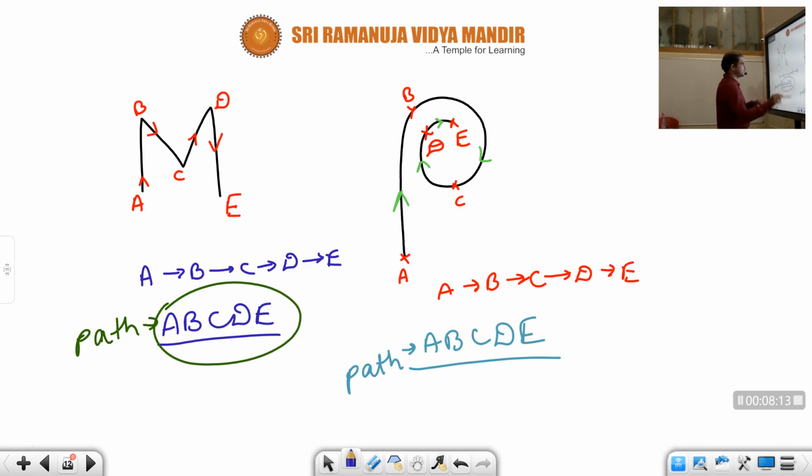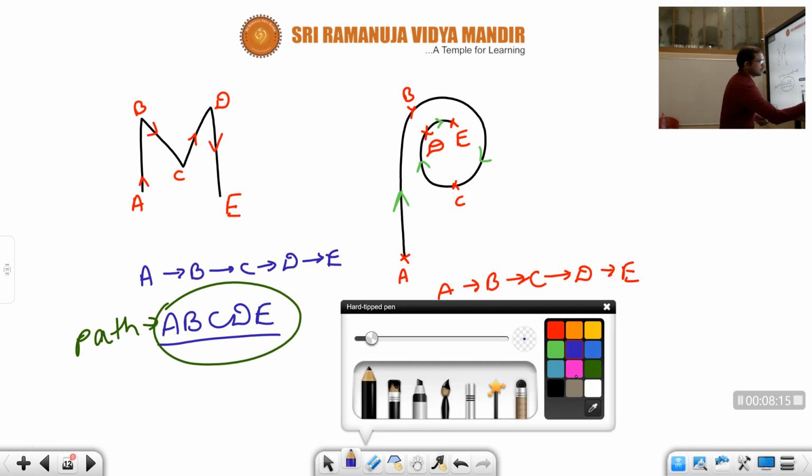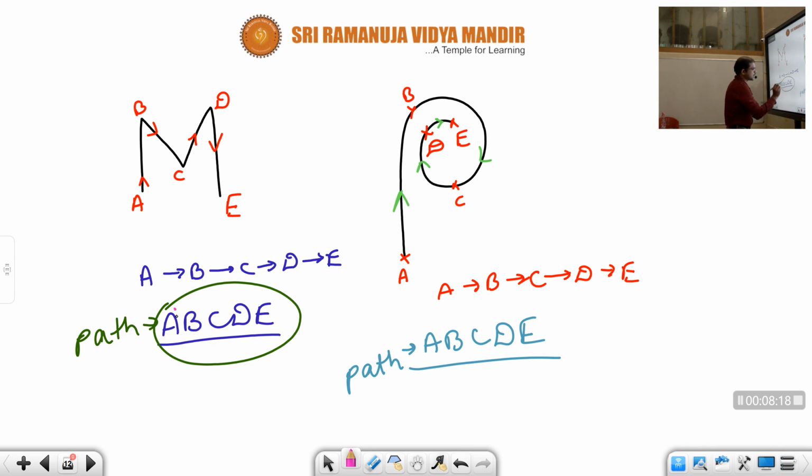One more point here. See, children, while you are writing the path, you will write one alphabet, number, whatever it is. The first position you mention is called the initial position, children. And the ending one is the final position.